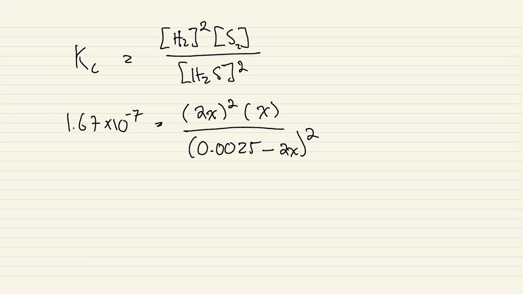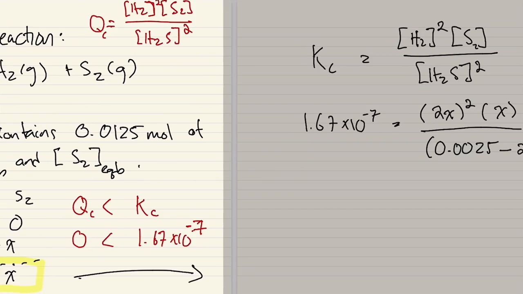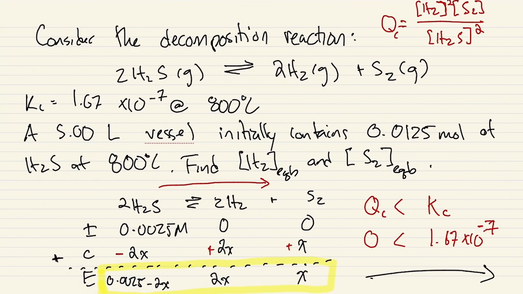Was it 0.025 or 0.25? It depends if you're doing it in terms of moles or concentration. I already changed this to the concentration. This is 0.0125 divided by 5 liters, right? You can do it there or you can do it afterwards. If you do things in terms of moles, you're always going to end up with the right answer.